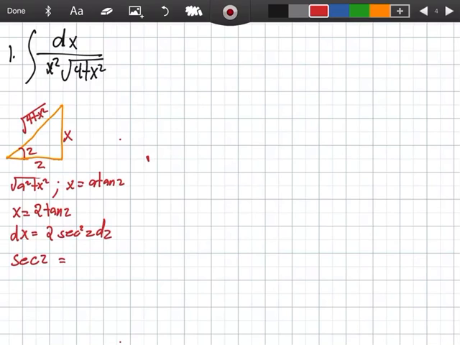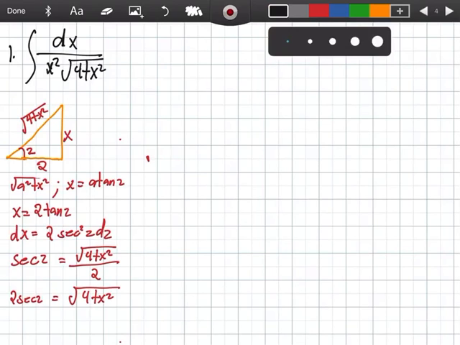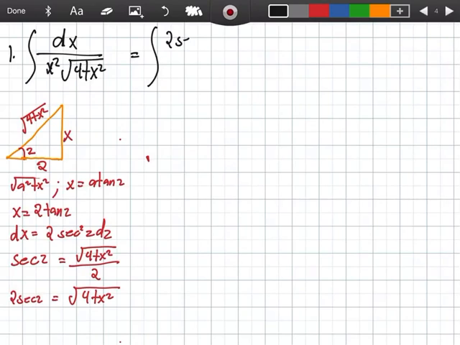I'll change my writing here to 2, because it might look like a z and be confusing later. So, secant z is hypotenuse over adjacent: the square root of 4 plus x squared over adjacent, which is 2. So 2 secant z is equal to the square root of 4 plus x squared. Now we substitute. dx is 2 secant squared z dz over x, which is 2 tan z squared, times the square root of 4 plus x squared, that is 2 secant z. Since there is a 2 here and a 2 there, and a secant there, we cancel the square.